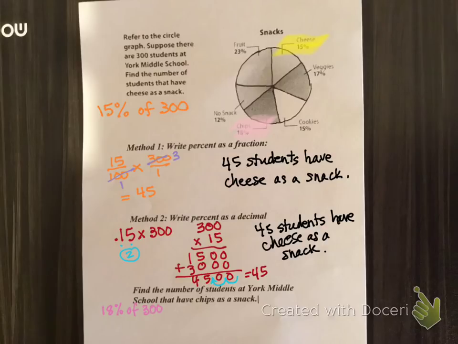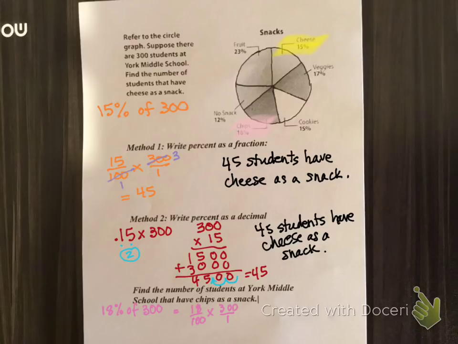Now, this one's nice because if I change it to a fraction, I get that 100 again. So I kind of determine whether I use fractions or decimals for my percent number based on the number that I'm multiplying with. So I'm going to rewrite this as 18 over 100 times 300. Well, that's a terrible 300. Looks like 800, doesn't it? And I always tell you guys about that. There we go.